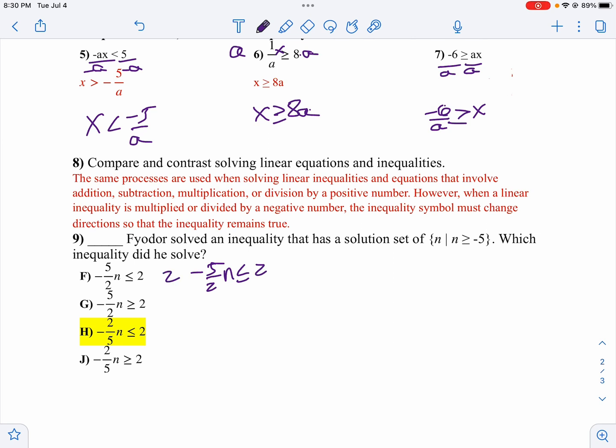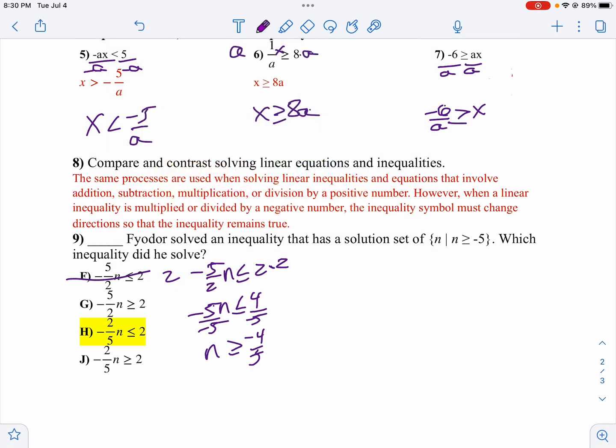So I multiply both sides by 2. Negative 5n is less than or equal to 4. I divide both sides by negative 5, so we flip the inequality. So n is greater than or equal to negative 4/5. So it's not F.